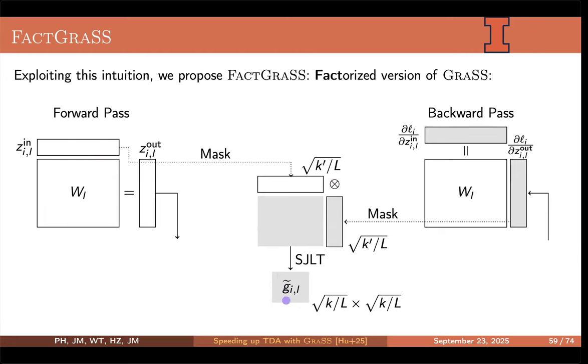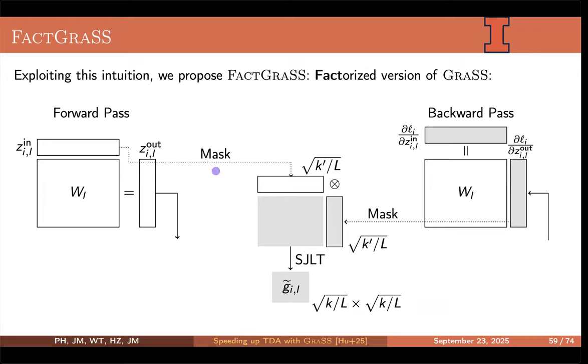Then we can do our SGOT to map the whole thing down to our target dimension, which is K over L. If you still want to think about this as square matrices, you can think of square root of K over L times square root of K over L. But essentially, we stretch this out, pass it to SGOT, and project it down to our target dimension.